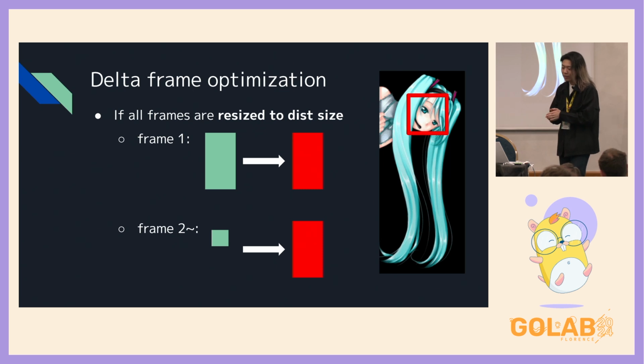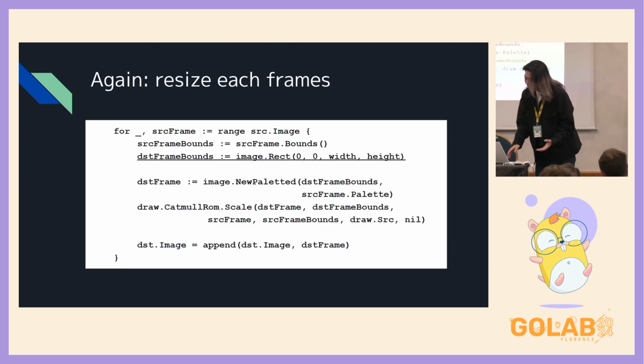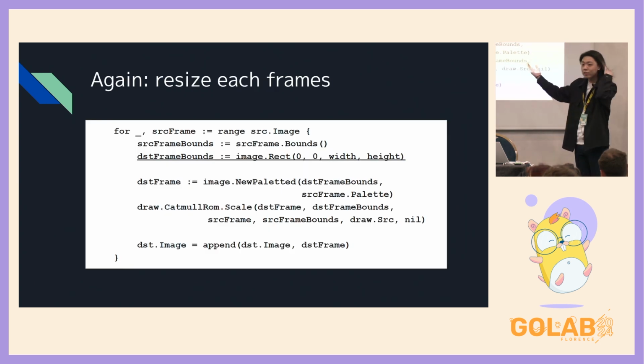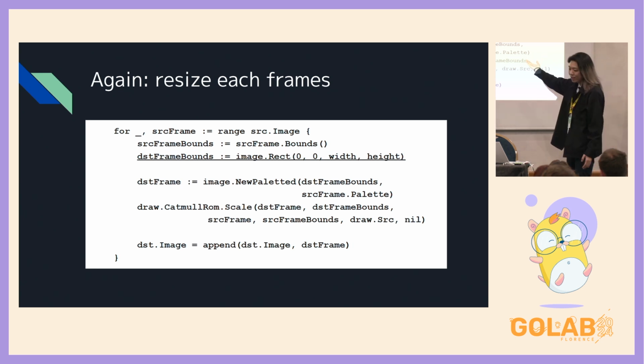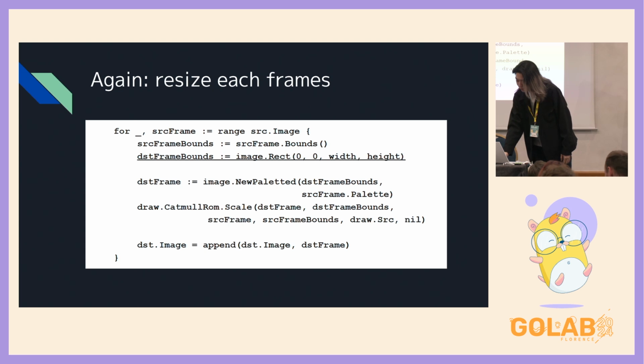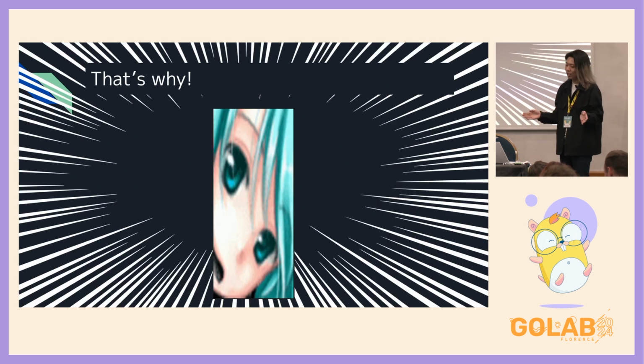Since only the image of the face is stored, resizing causes the frame to stretch out, distorting the image. As you can see here, in the code we looked at before, we bound the size of the resized image to the destination image size, not the frame size. So that is a problem. That's why it's stretched out.